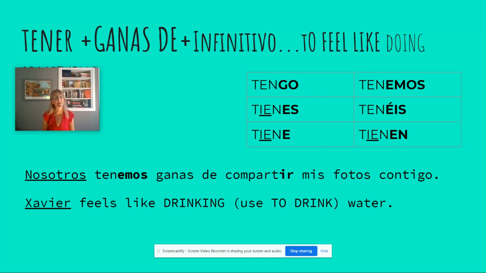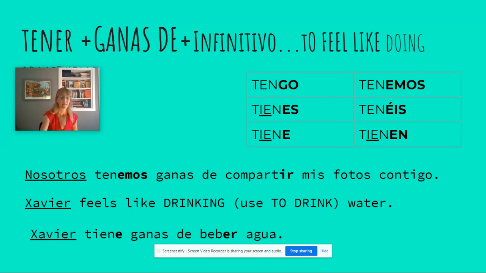So it's going to be Xavier tiene ganas de. He feels like drinking. Now, we are not going to say drinking, ando. We are going to say to drink. So look, Xavier tiene ganas de beber agua.